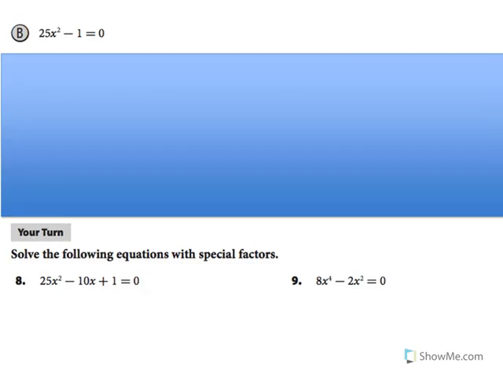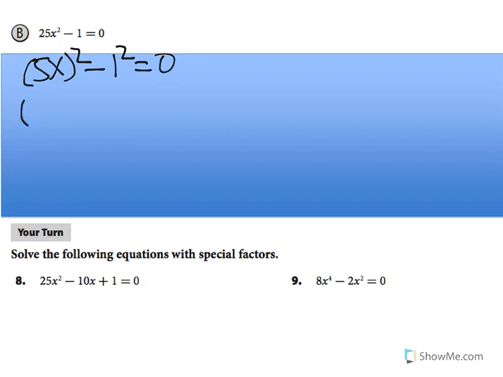Okay, let's go to part B. So 25 is a perfect square, 1 is a perfect square. So rewrite this as (5x) squared minus 1 squared. Now we have a difference of two squares, or a difference of perfect squares.